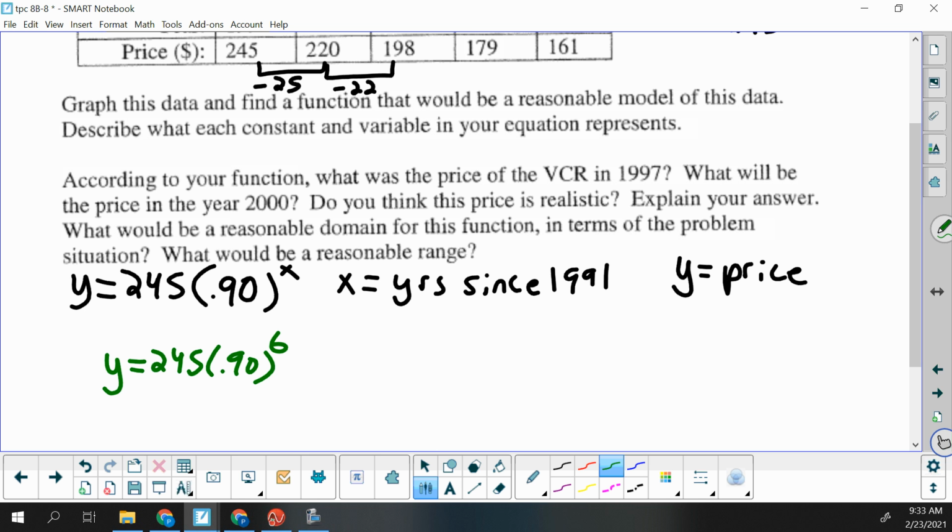We're working with money, so make sure you round to the nearest hundredth. And when you punch that in, you should get 130.20 dollars.